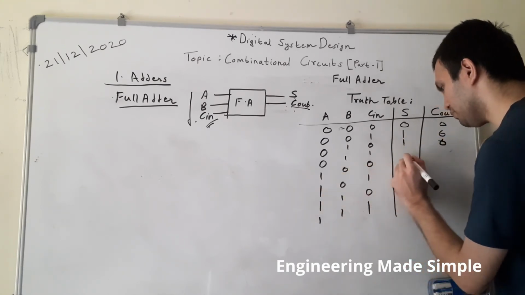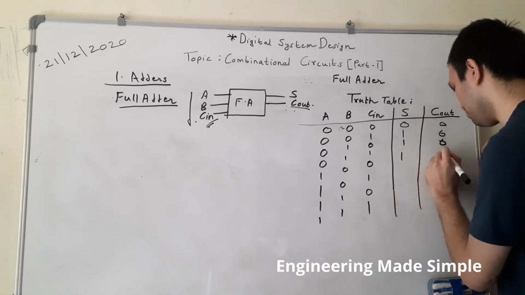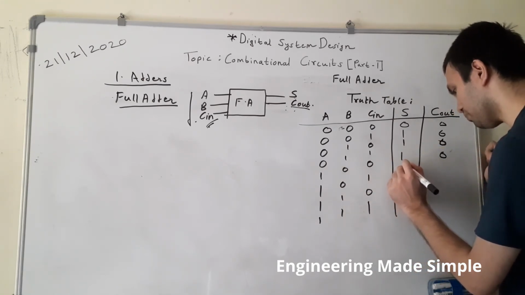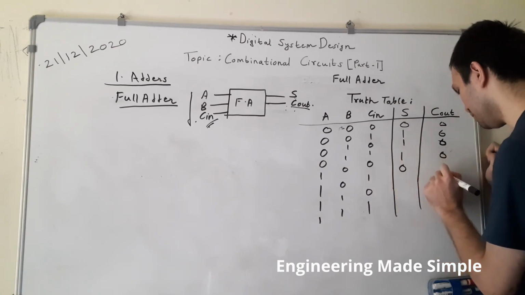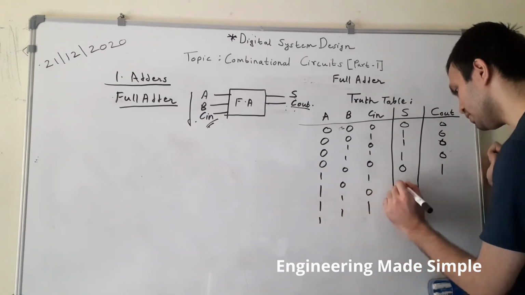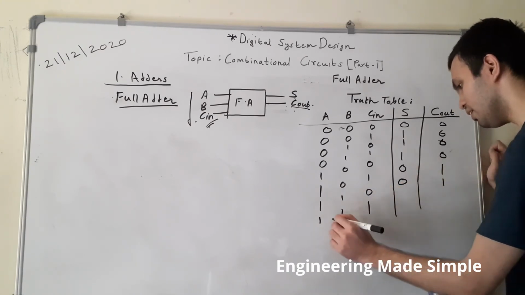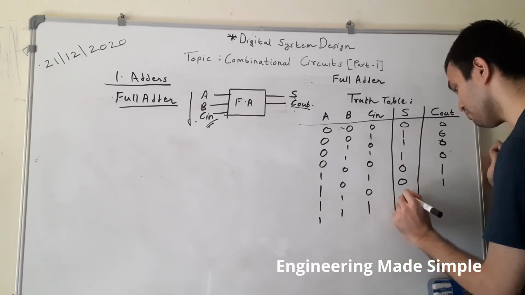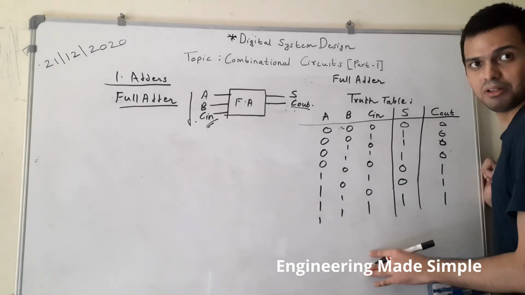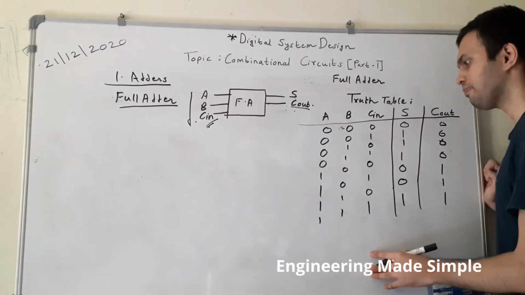Then 1 plus 0 plus 0, sum will be 1, carry will be 0. 1 plus 0 plus 1, sum will be 0, carry will be 1. And 1 plus 1 plus 0, sum will be 0 and carry will be 1. 1 plus 1 plus 1, sum will be 1 and carry will also be 1. So this is the truth table which I have written over here.